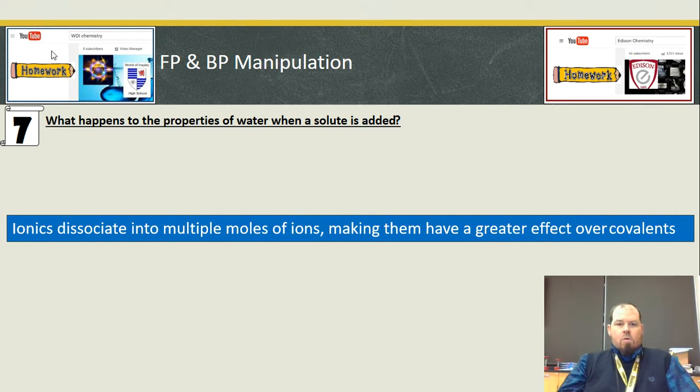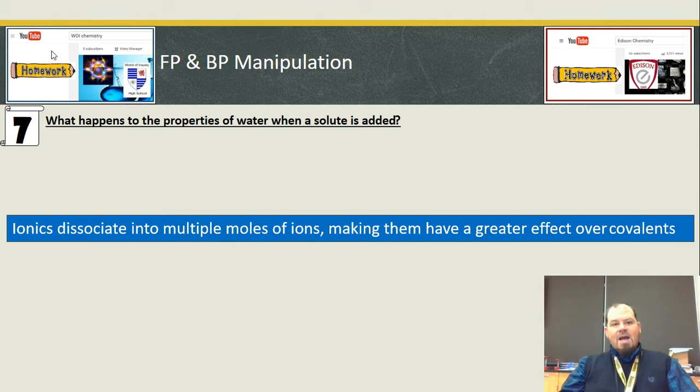More stuff, more change. And then here's the part for us for chemistry: ionics do a much better job than covalents, because ionics dissociate. So if I put in 1 mole of sodium chloride salt and 1 mole of sugar, I get 1 mole of sugar molecules in solution.